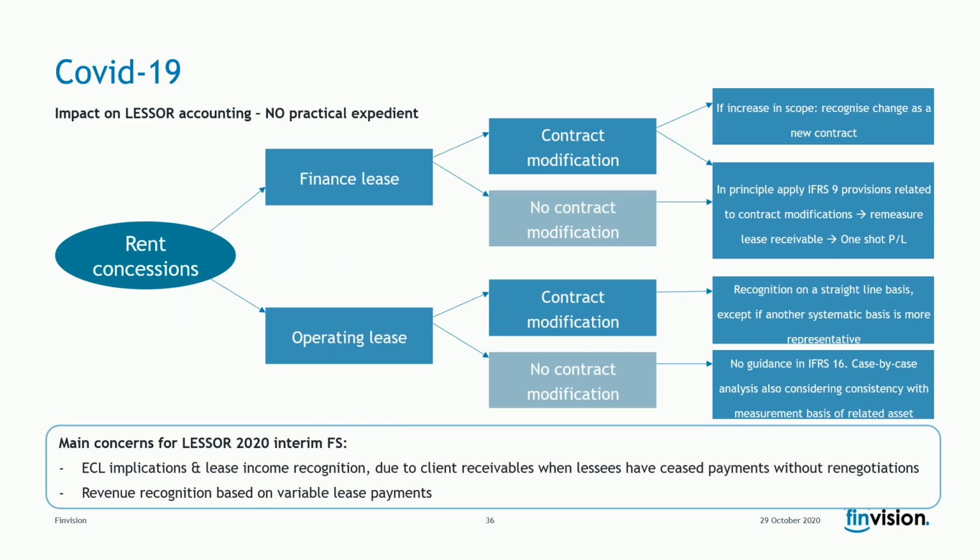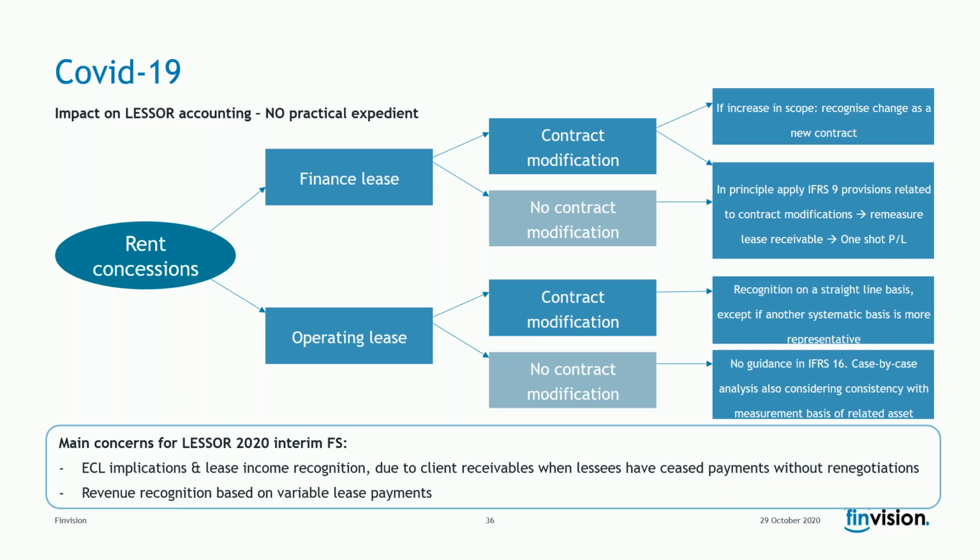For the lessors, in fact, for the lessor accounting, there is no practical expedient. Also, the new IFRS 16 standard did not change compared to IAS 17 for lessors. So they still apply the decision tree that is presented here. But what are then the main concerns for lessors?